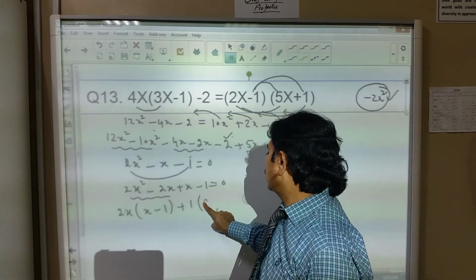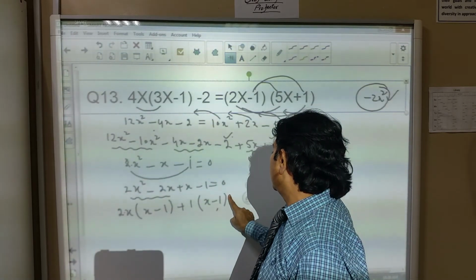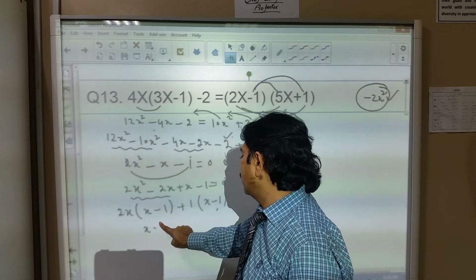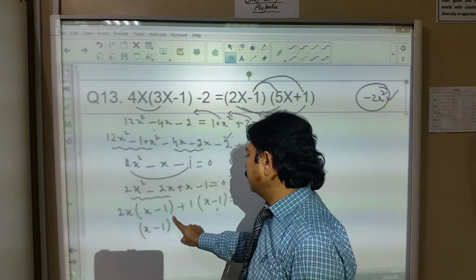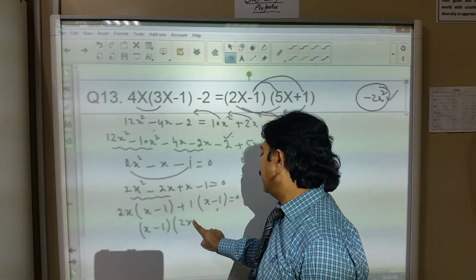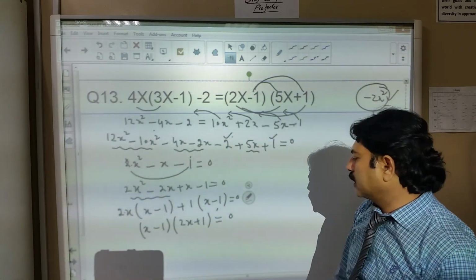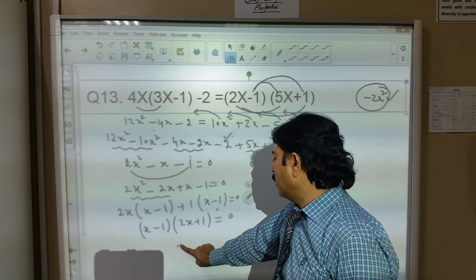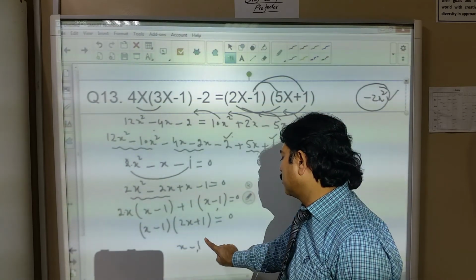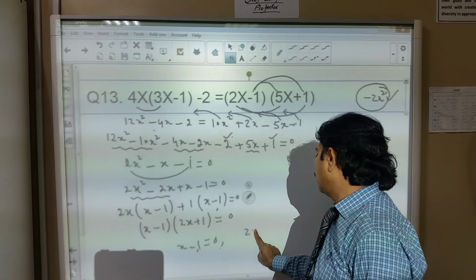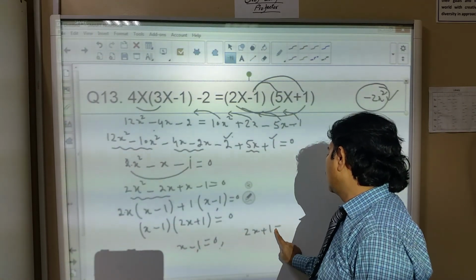Okay, so x minus 1 is equal to 0. So this means that x minus 1 into 2x plus 1 is equal to 0. So we can write it either x minus 1 is equal to 0 or 2x plus 1 is equal to 0.